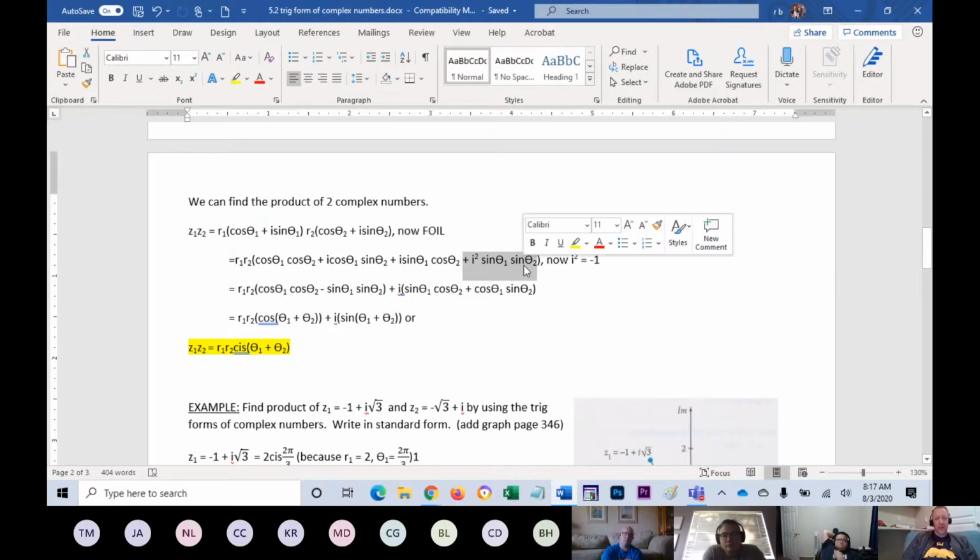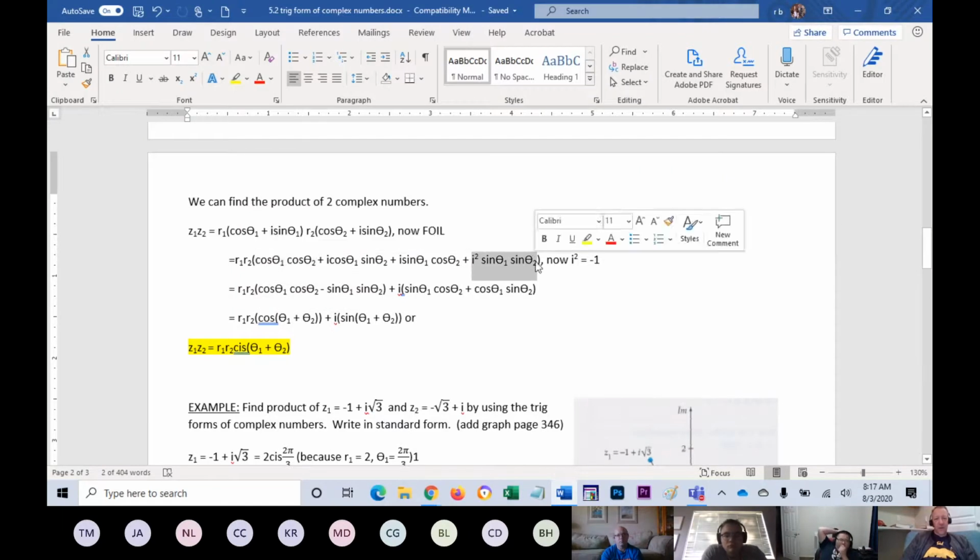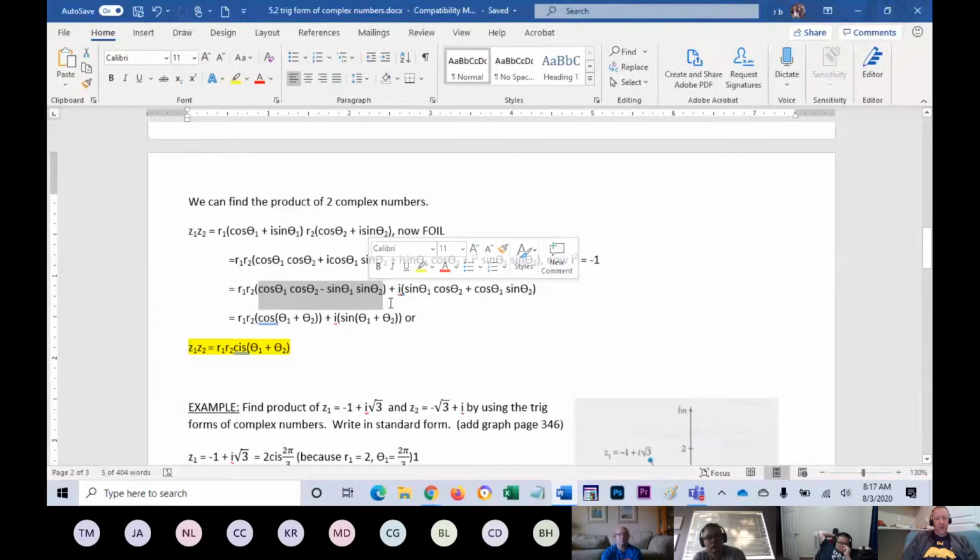If I rearrange things, I'm going to combine the first term with the last term, but that's going to be a -1. So I still bring down my R1 R2, cosine theta 1 cosine theta 2 minus sine theta 1 sine theta 2, plus I sine theta 1 cosine theta 2 plus cosine theta 1 sine theta 2.